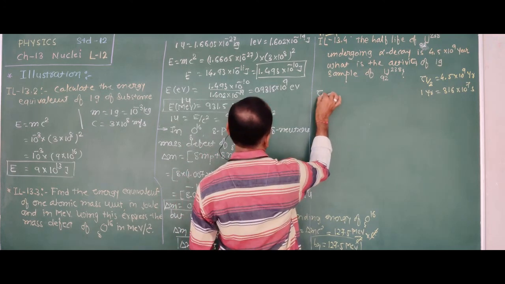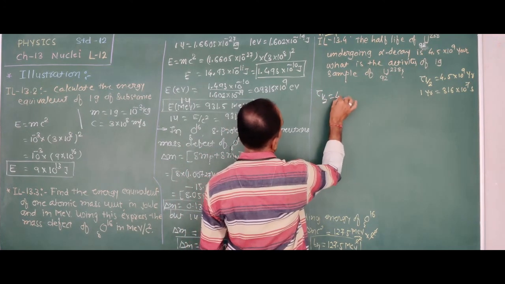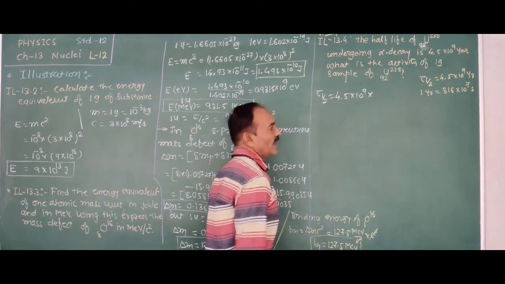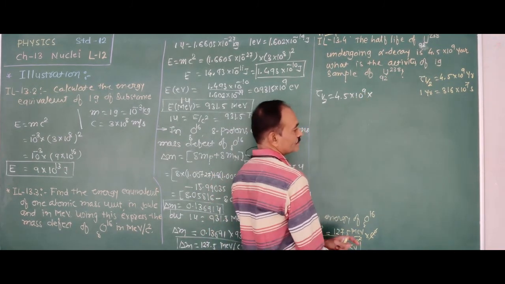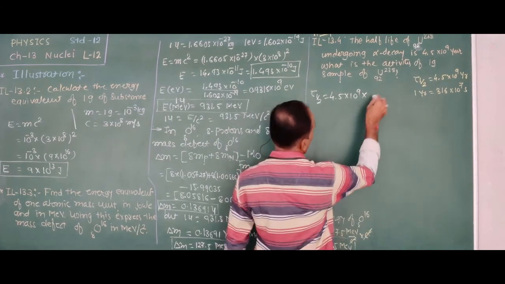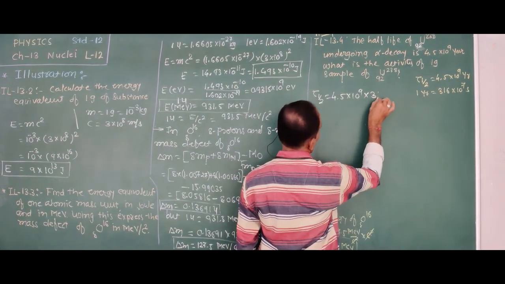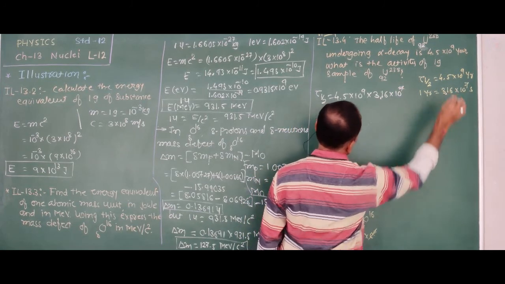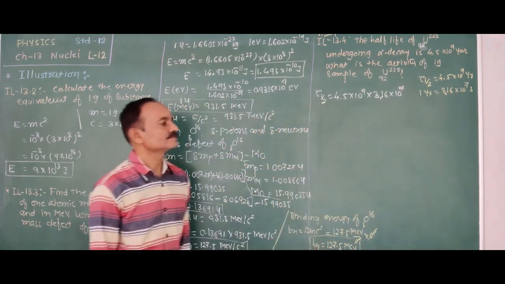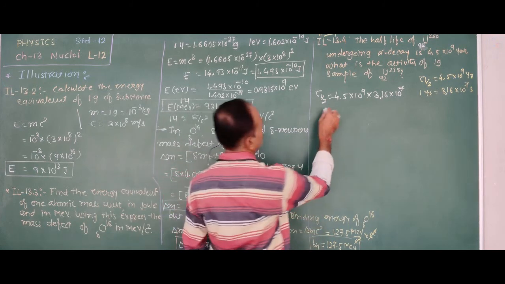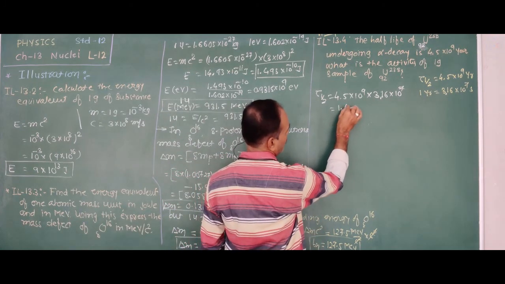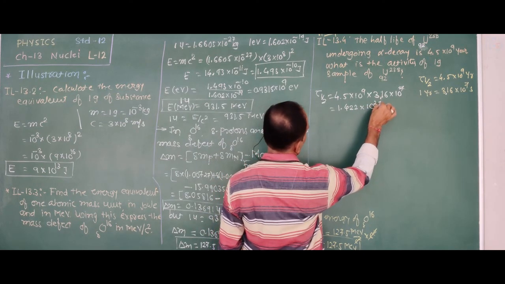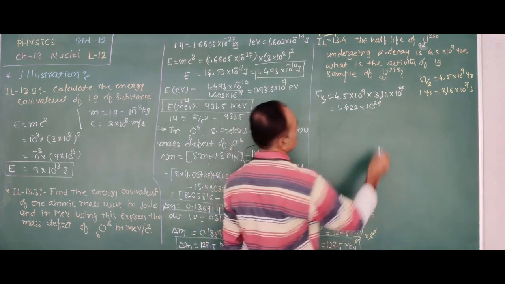Therefore, tau half is equal to 4.5 into 10 raised to 9 into 1 year, which is 3.16 into 10 raised to 7. Therefore, we obtain 1.422 into 10 raised to 17 seconds.